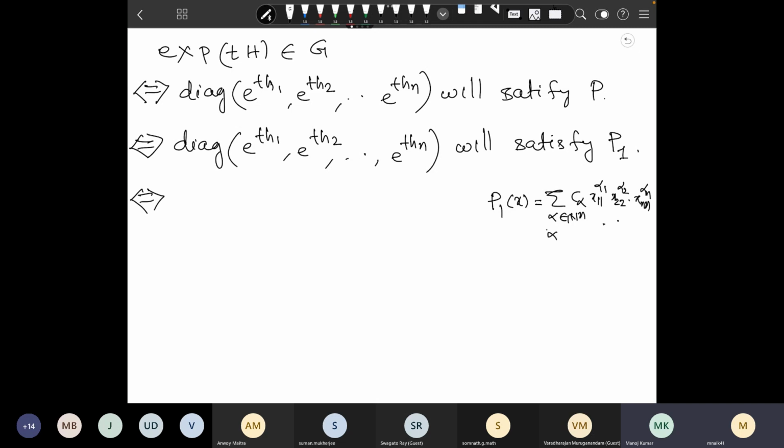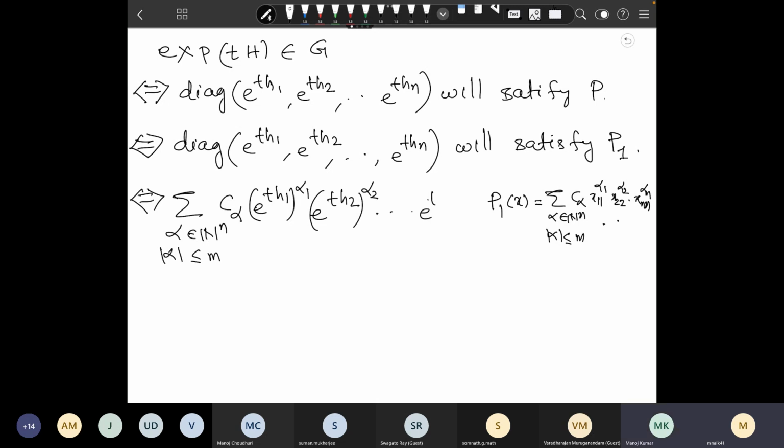Let us put that it satisfies P1. That means the sum of C alpha e to the power t h1 to the power alpha 1, e to the power t h2 to the power alpha 2, up to e to the power t hn to the power alpha n.